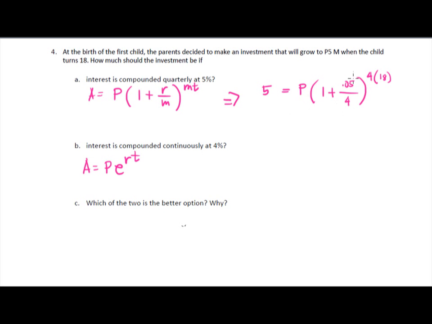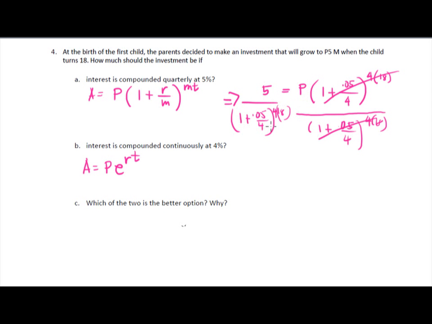Now if you just look at this equation, you can clearly see that to get the P, you just divide both sides by 1 plus 0.05 over 4 raised to 4 times 18. So that means the value P is 5 over 1 plus 0.05 over 4 raised to 4 times 18.